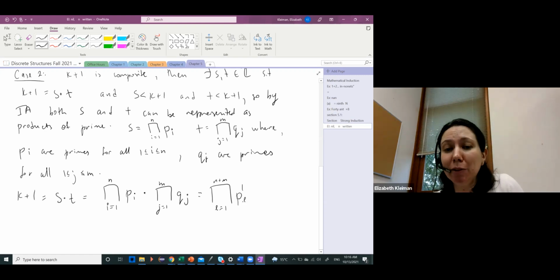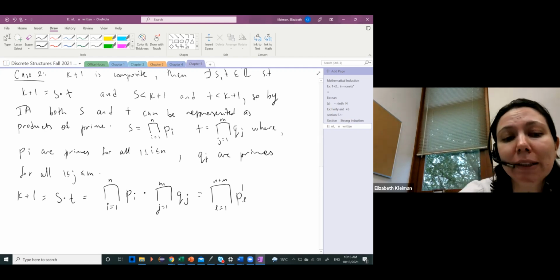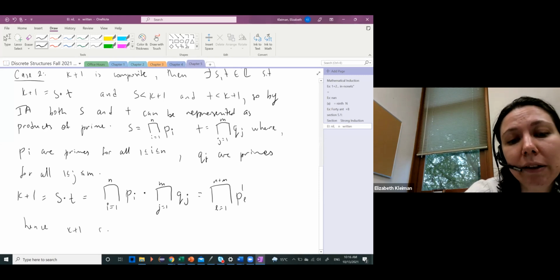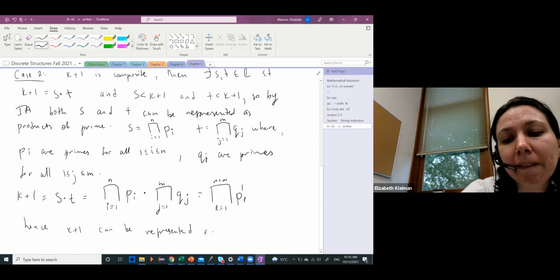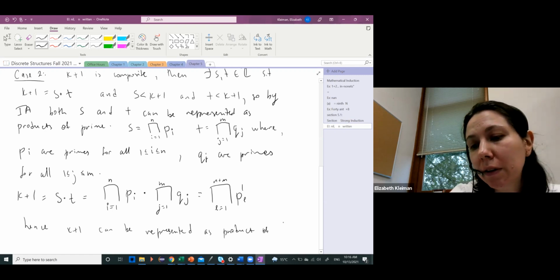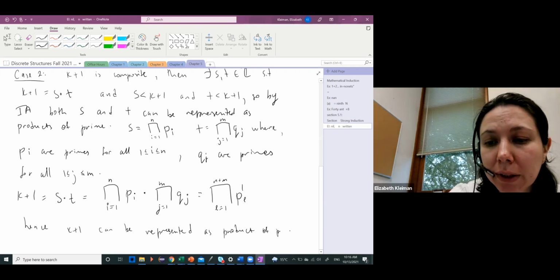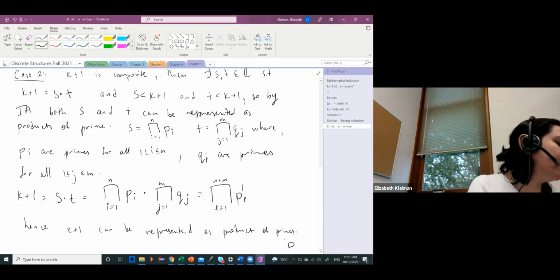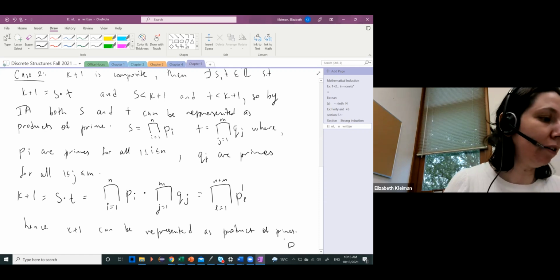All of them are primes, correct? So literally it's just a larger product of all primes. Hence, k plus 1 can be represented as a product of primes. And we are done.